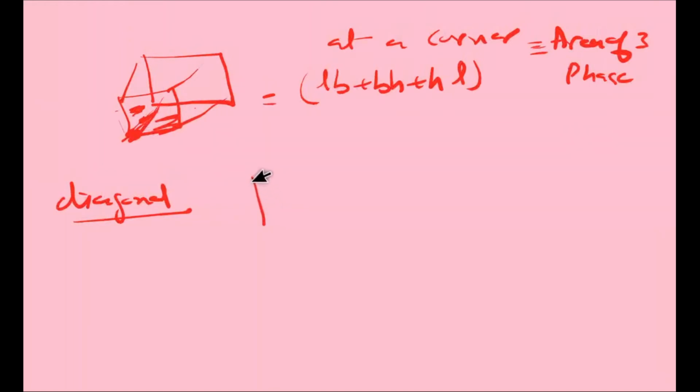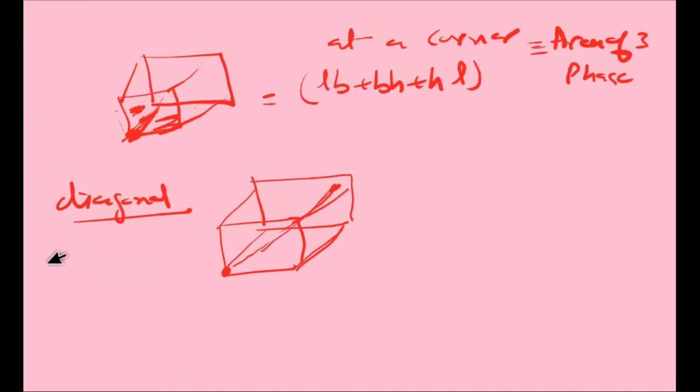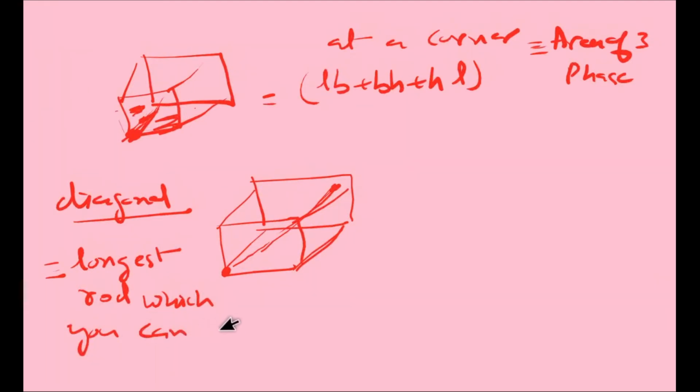Diagonal. If you want to take a longest rod and keep that longest rod in this room, you have to keep it from this corner to this corner, that is the longest rod. Diagonal or longest rod which you can keep in the room, that is this one.